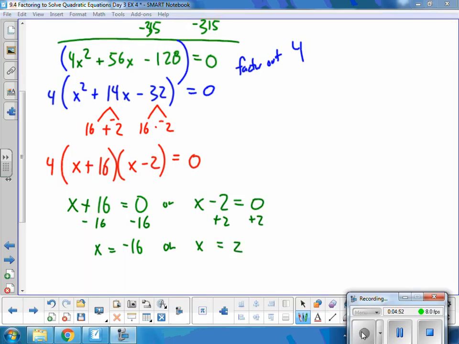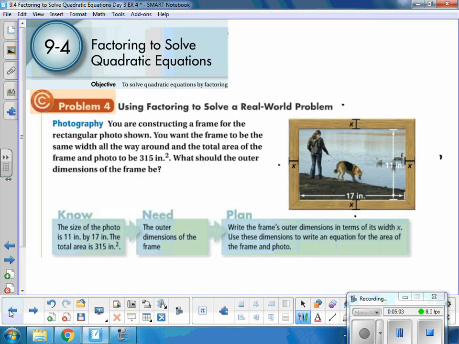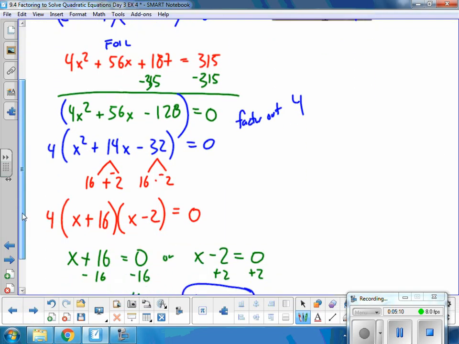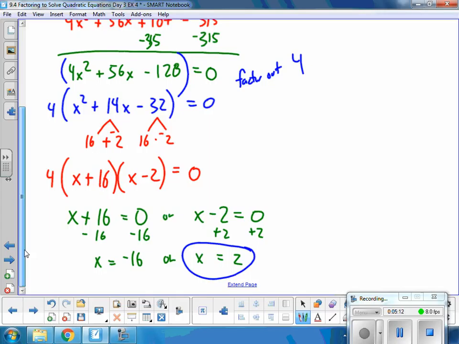And when I look at my answer, is the dimension going to be negative 16 or is my answer going to be 2? The more reasonable one is that my dimension is going to be a positive answer. But if I look back at the original question, the question is asking me what should the outer dimensions of the frame be? So if I'm looking for the outer dimensions of the frame, I see that x equals 2. So I need to replug that in with my length and my width.